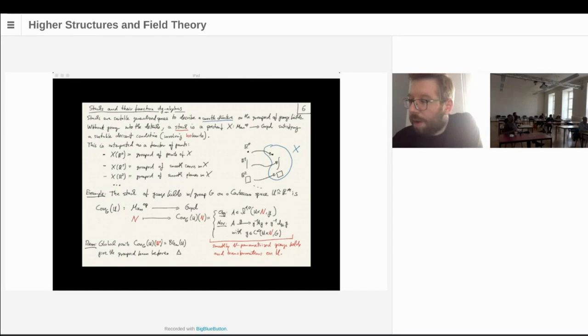Then you have to take another test space. You can evaluate the functor on all test spaces you want. When I evaluate, for example, X on S1, then this is the groupoid of all loops in here. And when I evaluate X on another surface, like a genus 8 surface, then I get all possible ways how to map one guy into the other guy.